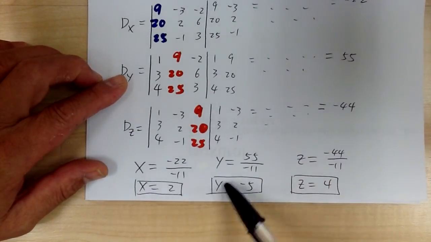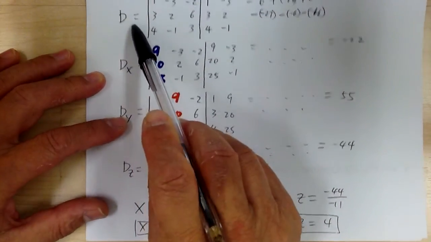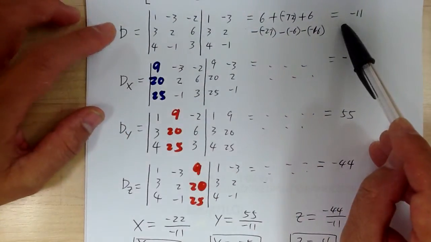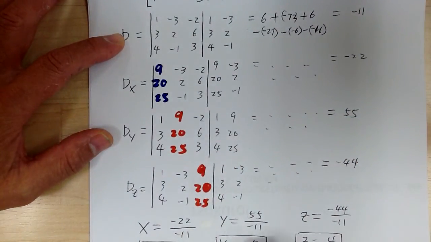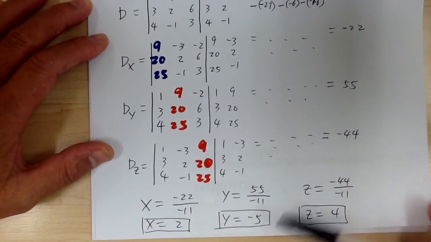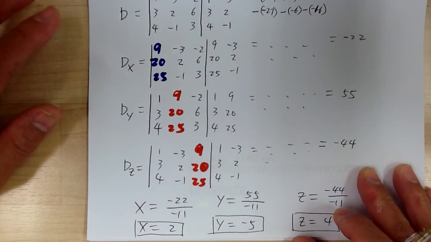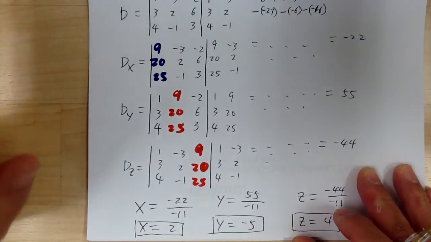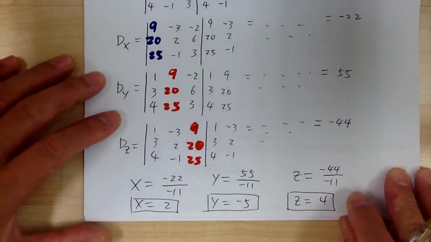Now if all three answers come out really bad, that means most likely your d is bad. If you make a mistake on the d, then all three answers are going to get messed up because all three have the over d. But if only one of them is really bad, then most likely just that one is bad. Most of the cases. Sometimes some problems have bad answers, but most likely the answer should be kind of nice.